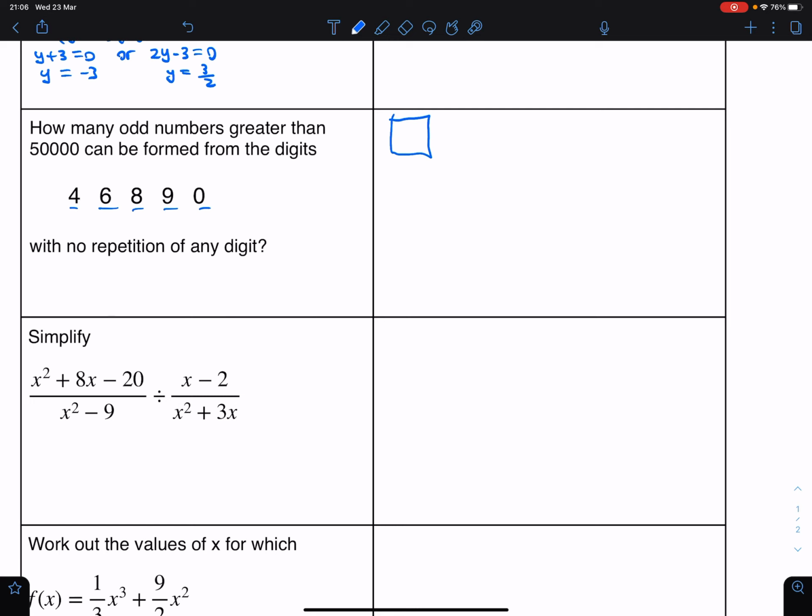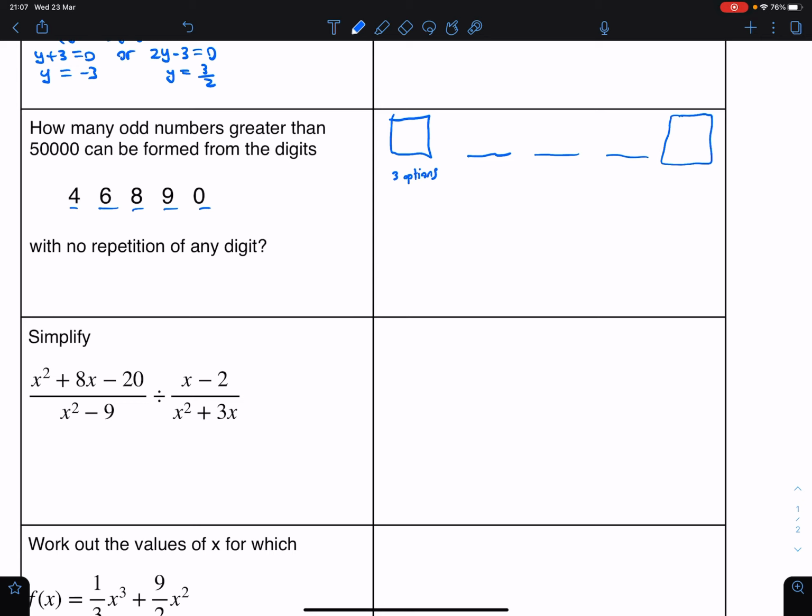So we've got 3 different options there. So the other important option is the one that we have at the back over here. So we have to have it end in an odd number if it's to be an odd number.